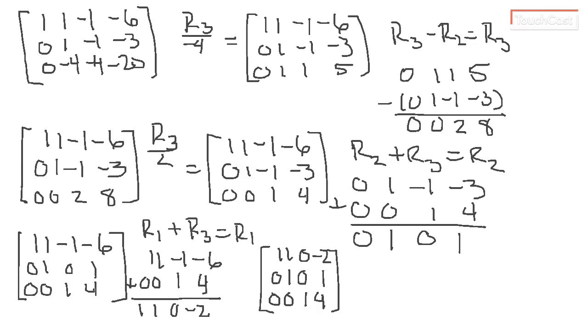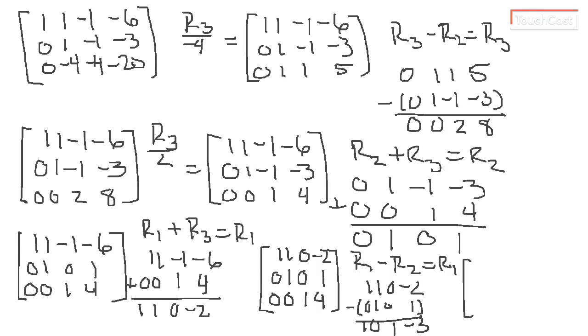So let's do one more row operation. I'm going to take my R1 and subtract R2 from it to get a new R1. So I'm going to go 1, 1, 0, negative 2 minus 0, 1, 0, 1, which will result in a 1, 0, 1, and a negative 3. So our new matrix, our final matrix, in fact, I actually put one thing wrong here.